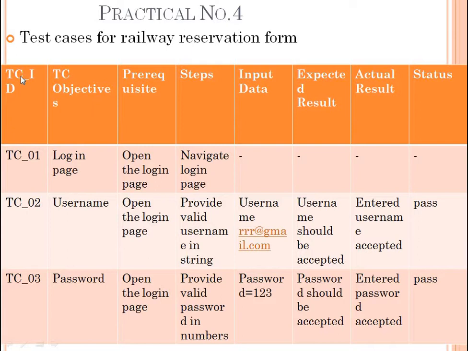First of all, test case ID, test case objective, then prerequisites, steps, input data, expected result, actual result, and the status. So the first test case is the login page. The prerequisite is to open the login page.